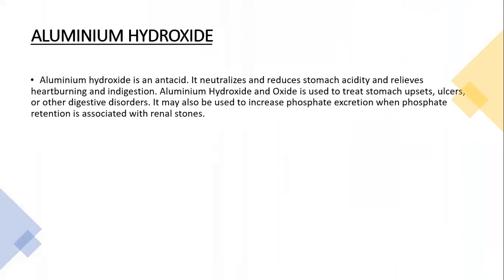Aluminum hydroxide is an antacid, as the name indicates: ant means anti and acid, so it works against the acidic concentration.